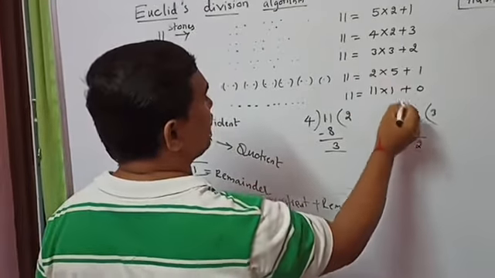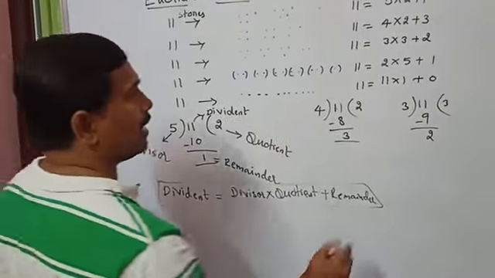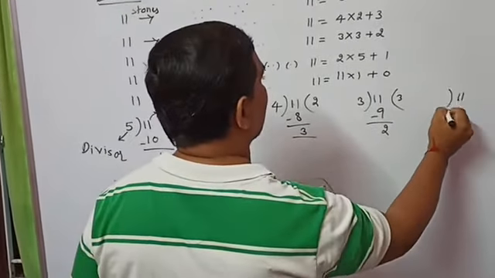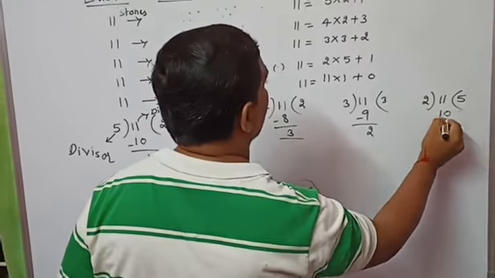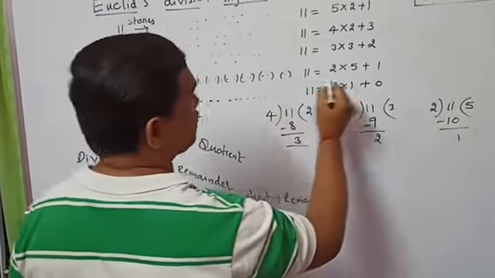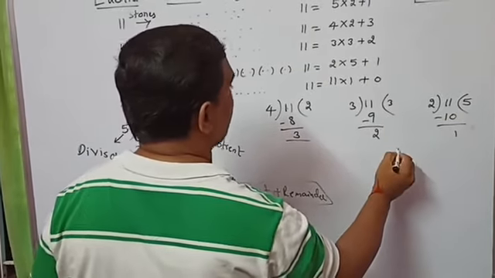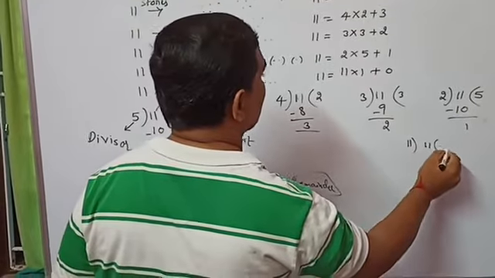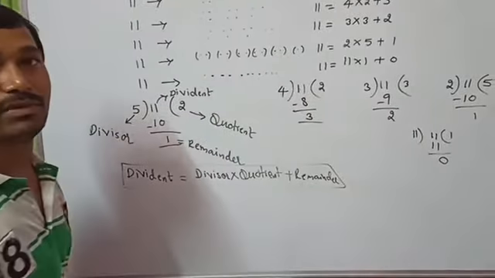So 11 is written as 3 3s are 9 plus 2. If you divide 11 with 2, 2 5s are 10, remainder 1. So 11 is 2 5s are 10 plus 1. If you divide 11 with 11, 11 ones are 11, and we get 0.